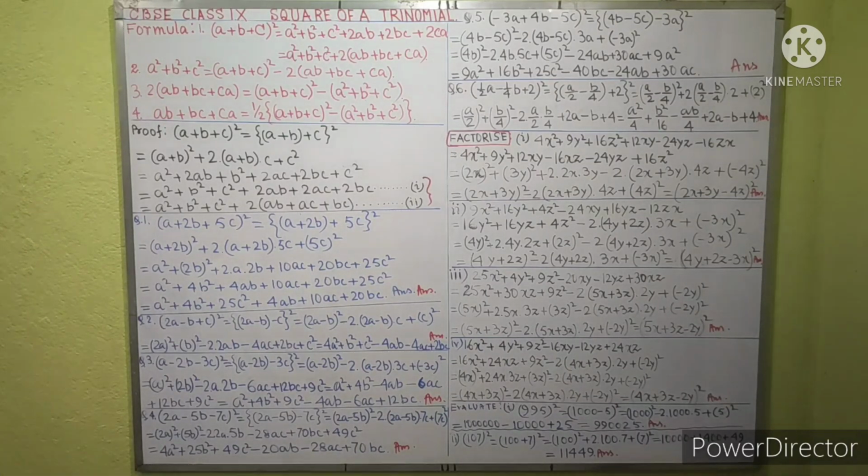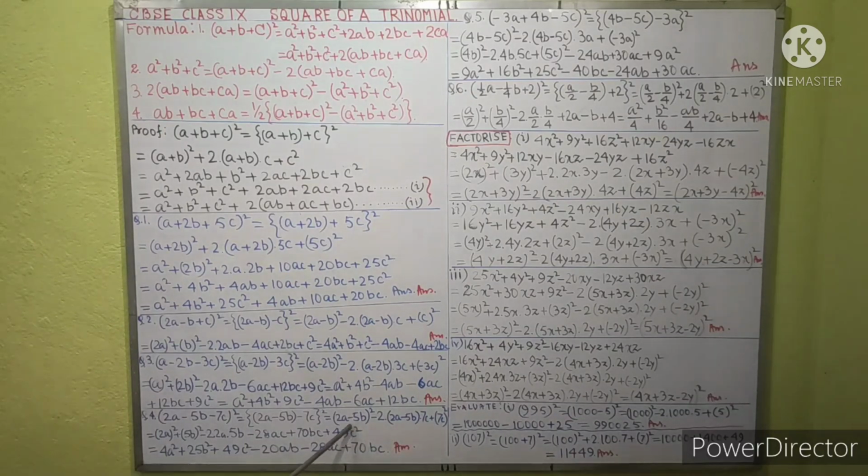Question number 4: (2A minus 5B minus 7C) whole square. We have taken 2A minus 5B as A and separately 7C, this is regarded as B. So it is A and this is B, (A minus B) whole square, so it is A square minus 2AB plus B square.